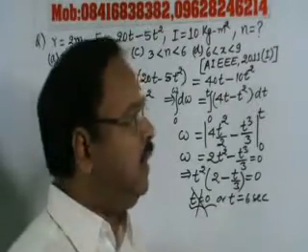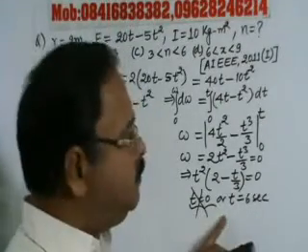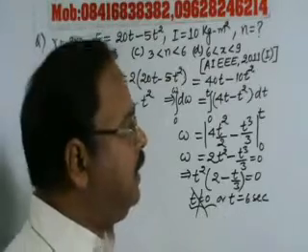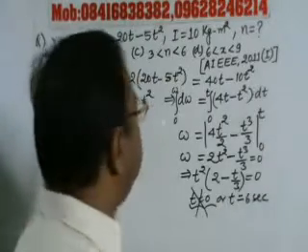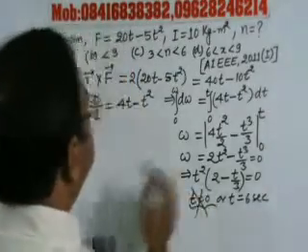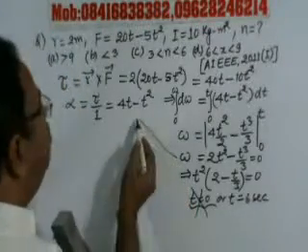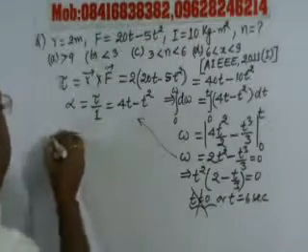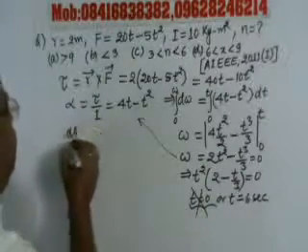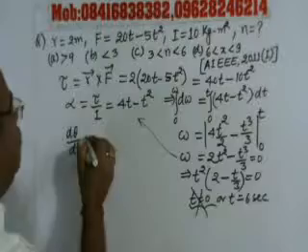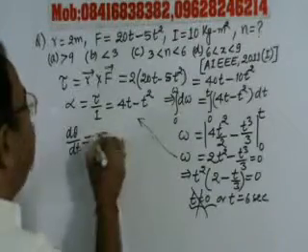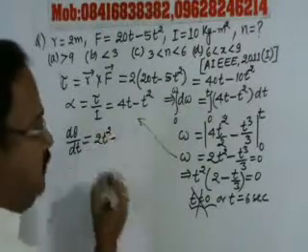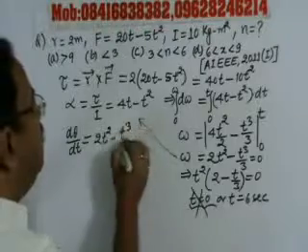After 6 seconds, this pulley stops. Now we have to find the number of rotations. Omega can be written as d theta by dt, and this is equal to 2t square minus t cube by 3.